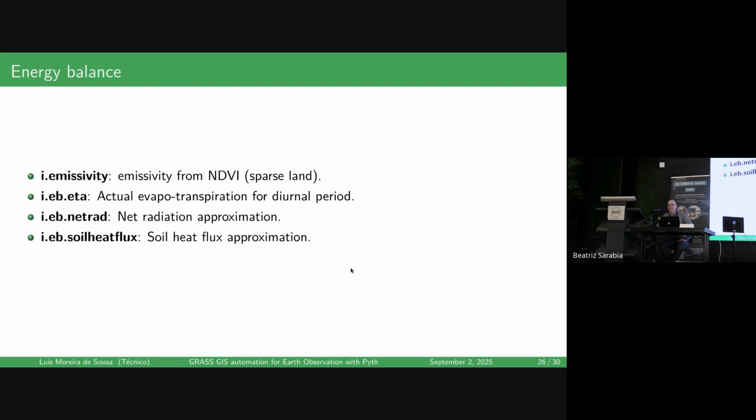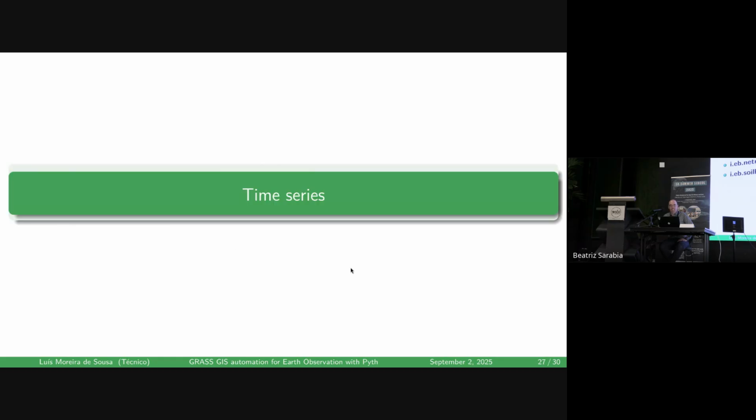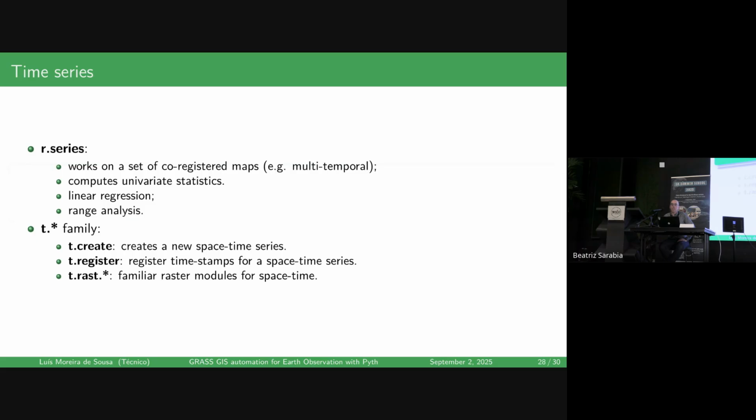Okay. All right. So the last slot now is about time series. Time series are a unique family in GRASS. There's a whole family of modules to work with time series. These days people sometimes call it data cubes.